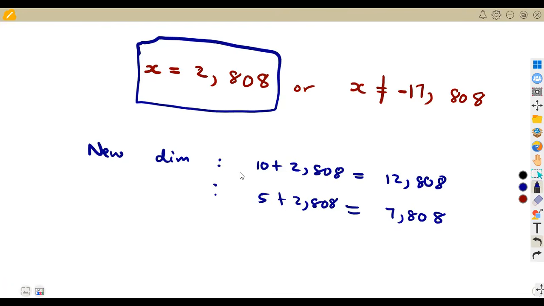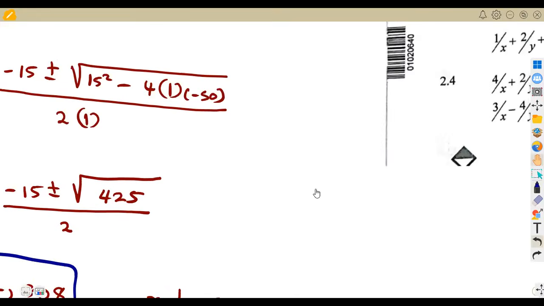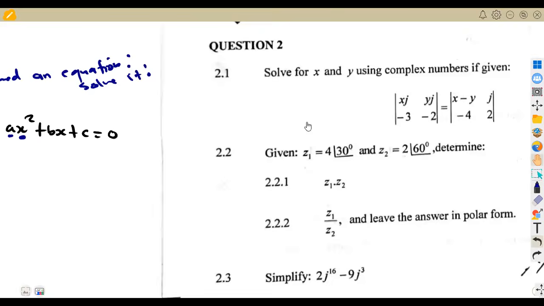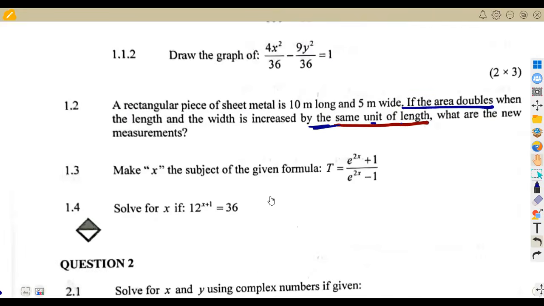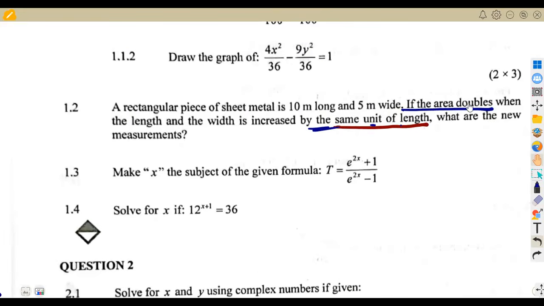Now if we are to conclude, we want to see if truly this is what we are given in this statement. They are saying that for these new dimensions, the area is going to double. The area doubles when the length and the width are increased by the same unit.